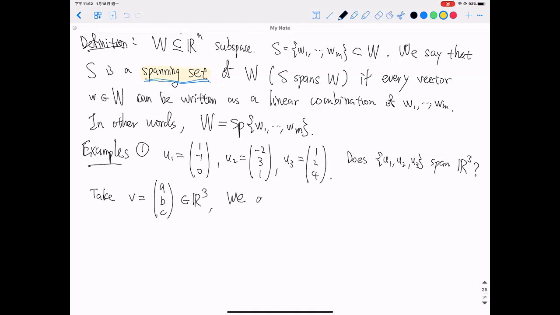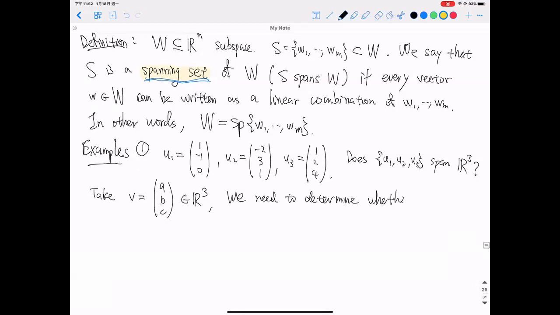We need to determine whether there exist x1, x2, x3 in R such that v is x1 u1 plus x2 u2 plus x3 u3.